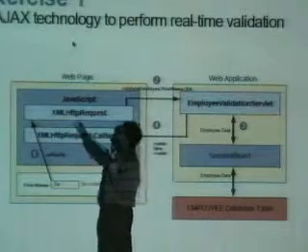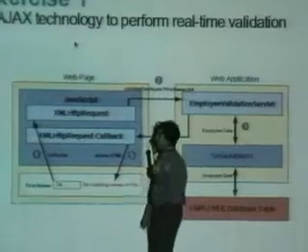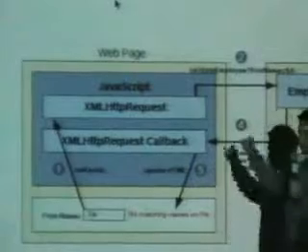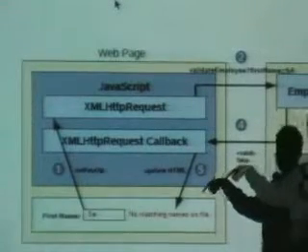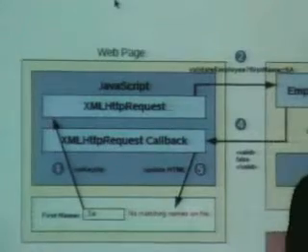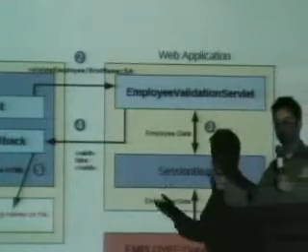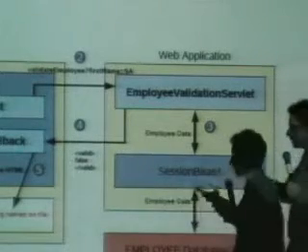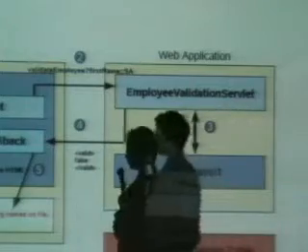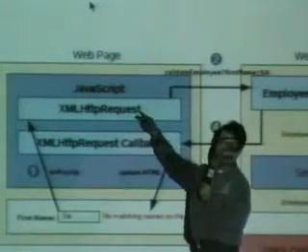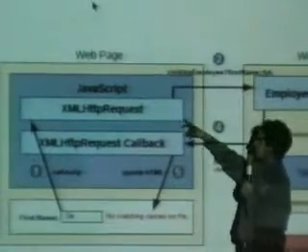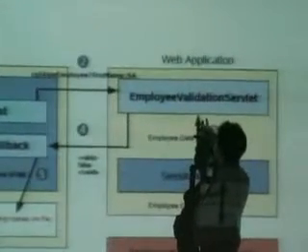That JavaScript will call an HTTP XML request object within the browser. This type of functionality in Ajax is nothing new. It's been around for a very long time. It's only now that Internet Explorer, Firefox, Safari and so on have good enough implementations to be able to do this type of thing. So all that does, on the JavaScript function on key up, is call this request object. This request object can asynchronously make calls using XML across the wire to a web application.